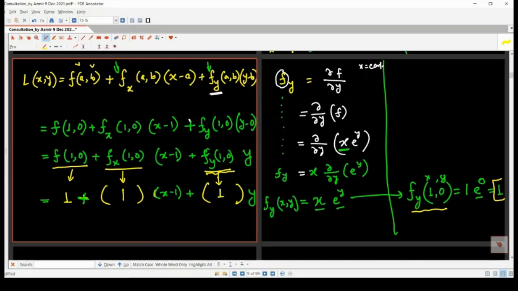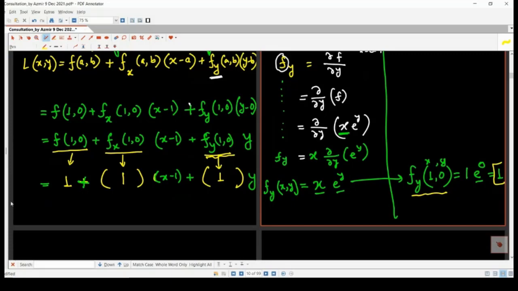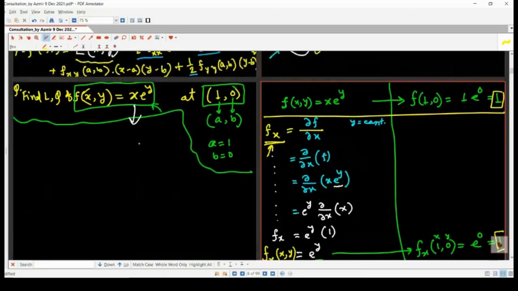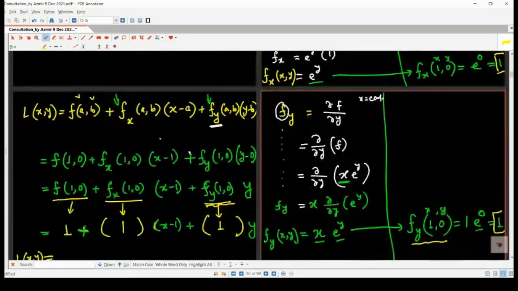So you have found that f sub y at 1 comma 0 is 1. We are now ready to write the final polynomial, which is known as the linear approximation or first degree Taylor polynomial for the function of two variables x e power y.